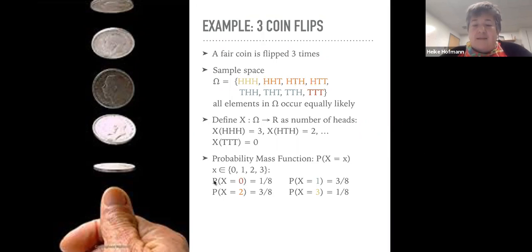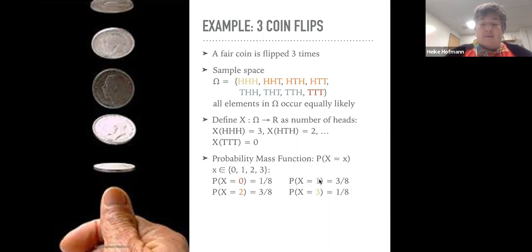Now we can count how many different outcomes we have for each of the different elements in X. We have exactly 1 possibility to get 0 heads. We've got exactly 1 possibility to have 3 heads.